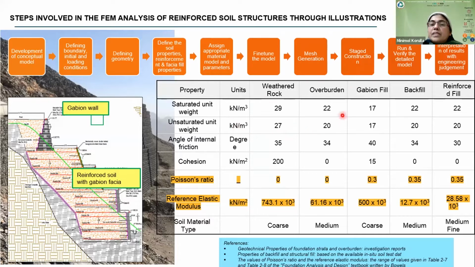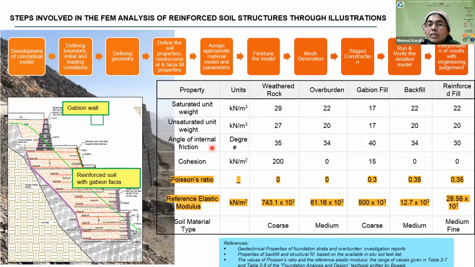So the properties for the weathered rock, the existing strata that is of weathered rock, over that there is an overburden also. So these two strata are existing at the pre-construction time itself. Definitely for the reinforced fill, the backfill, as well as the fascia gabion fill, those properties also need to be defined.